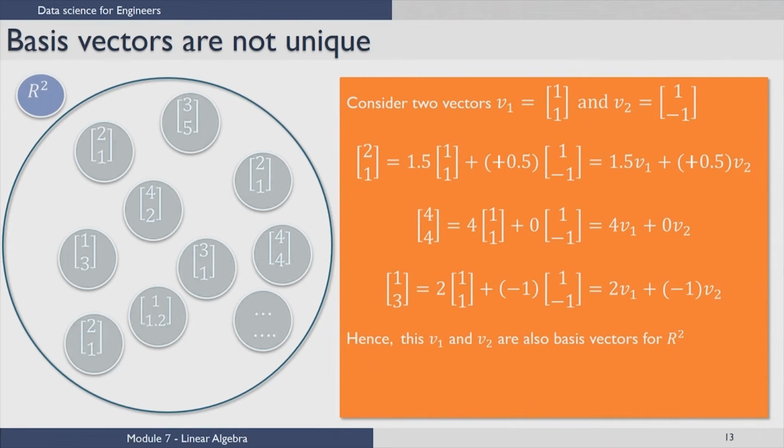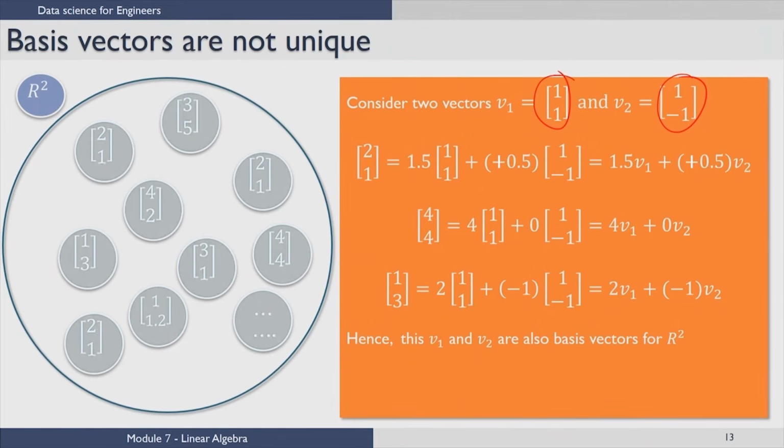So, take the same example and let us consider two other vectors which are independent. In the same example as before, where we had used two basis vectors (1, 0) and (0, 1), I am going to replace them by (1, 1) and (1, -1). Now, the first thing that we have to check is if these vectors are linearly independent or not, and that is very easy to verify.